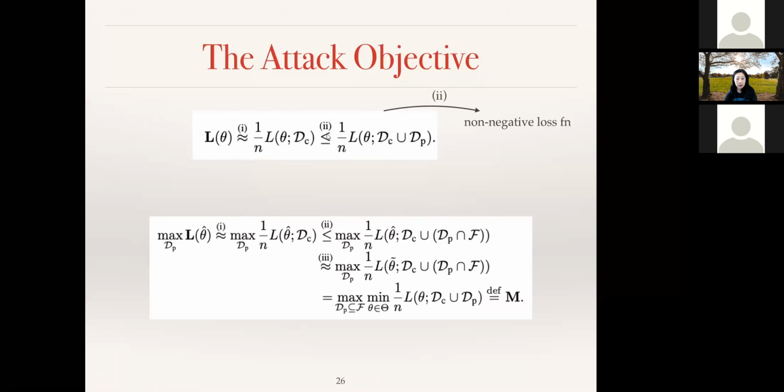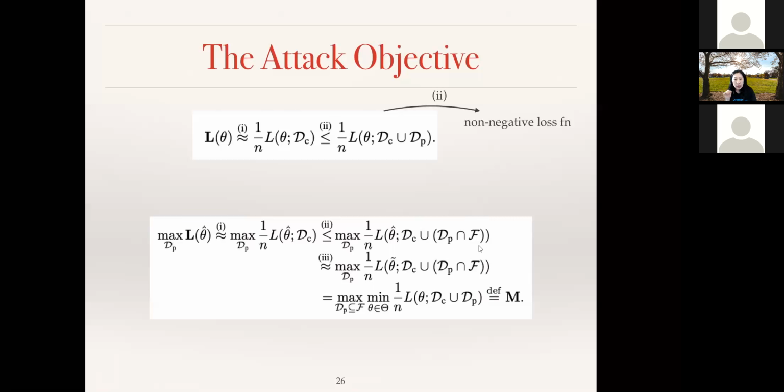As we already said in the previous one, this is just the non-negative loss function you use here. Of course, this would hold because you just added this term here, this dp union f. Now this is actually very interesting. I have my DC, which is still here, but I have this term, dp union f. People might be very curious, what is going on here?